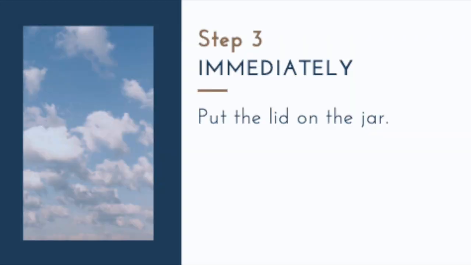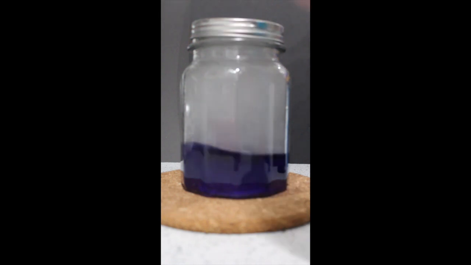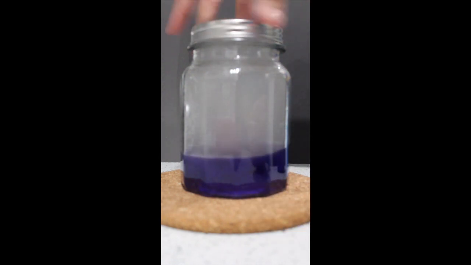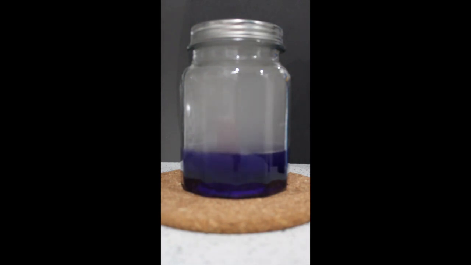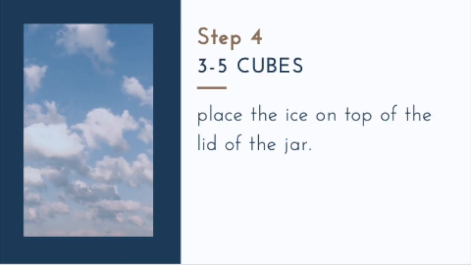You then want to immediately put the lid on the jar. Next, place 3 to 5 ice cubes on top of the lid.